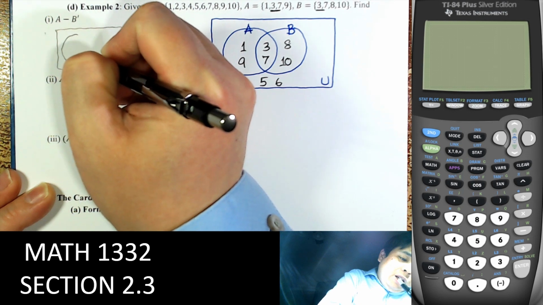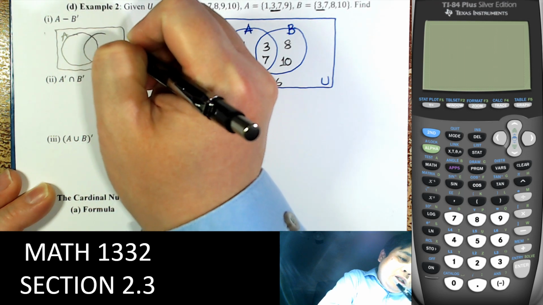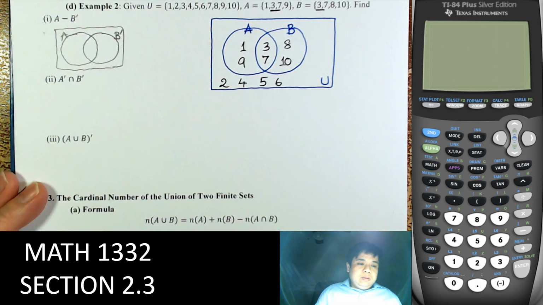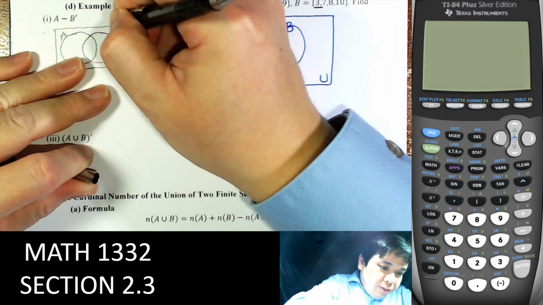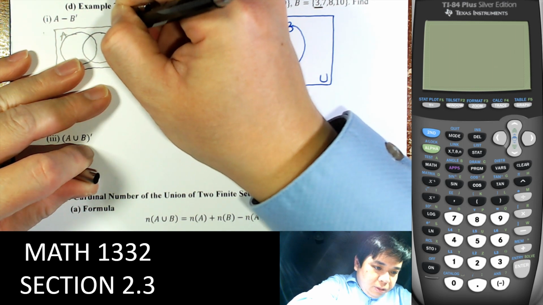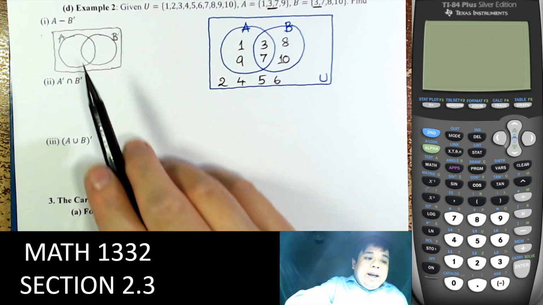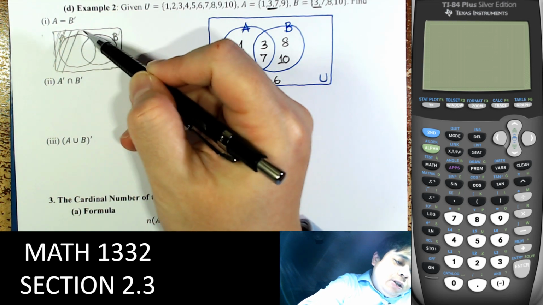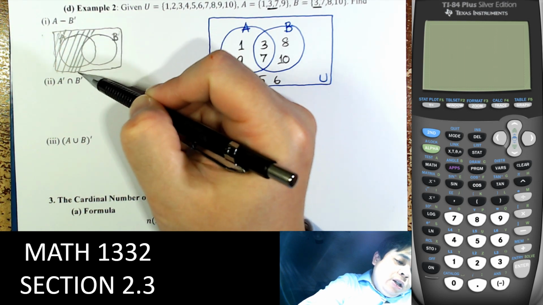So set A, and then set B. Now, not in B, we're going to do that first. So that is not in B. Always do the complement first.